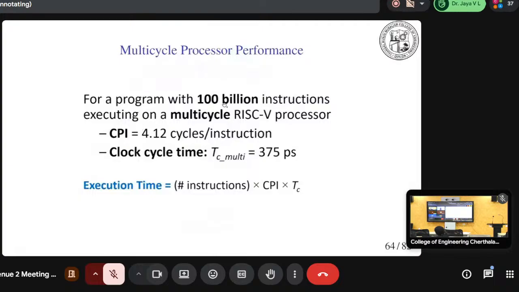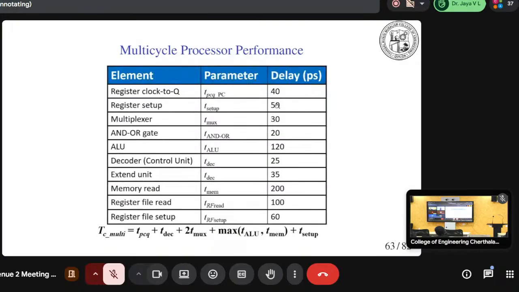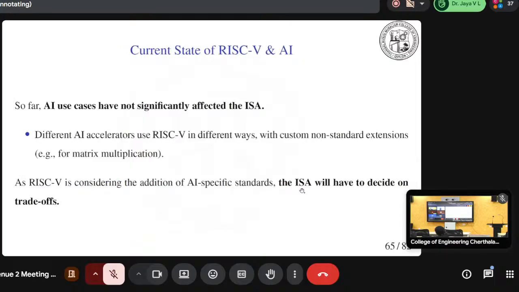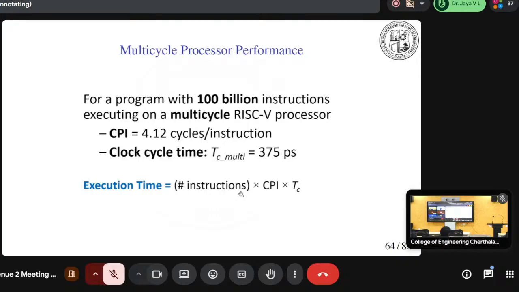So I have taken 100 million instructions, and the clock cycle time is 375 microseconds by adding with the model. And the execution time, if you can calculate here, is the same 100 billion instructions, so 10 to the power 11, times 4.1, times 375.